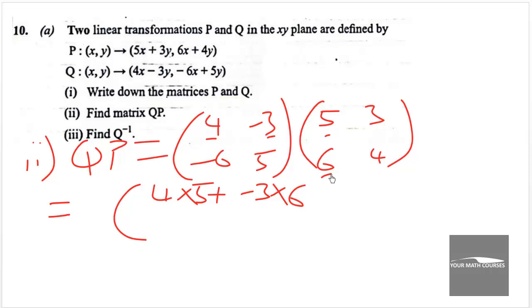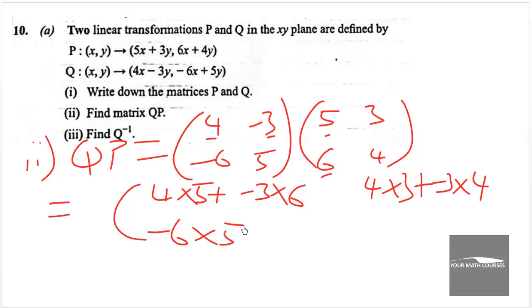Then we also have 4 times 3 plus -3 times 4. Then we have -6 times 5 plus 5 times 6.